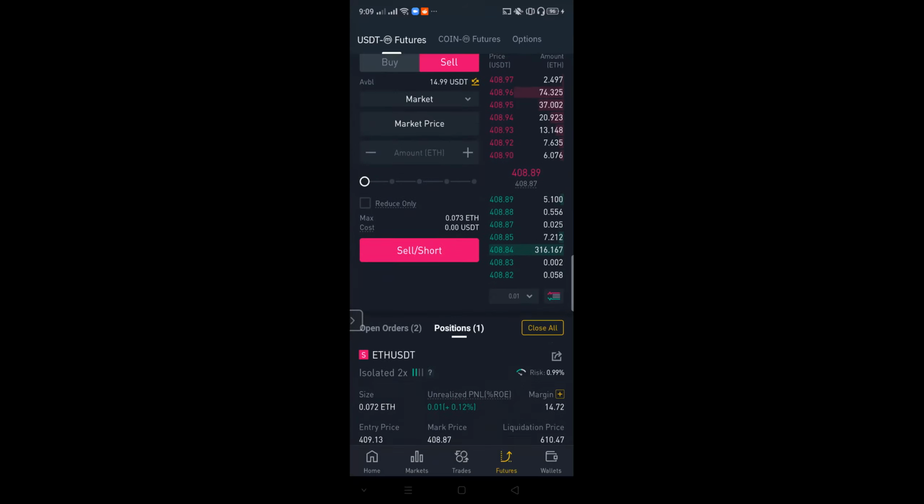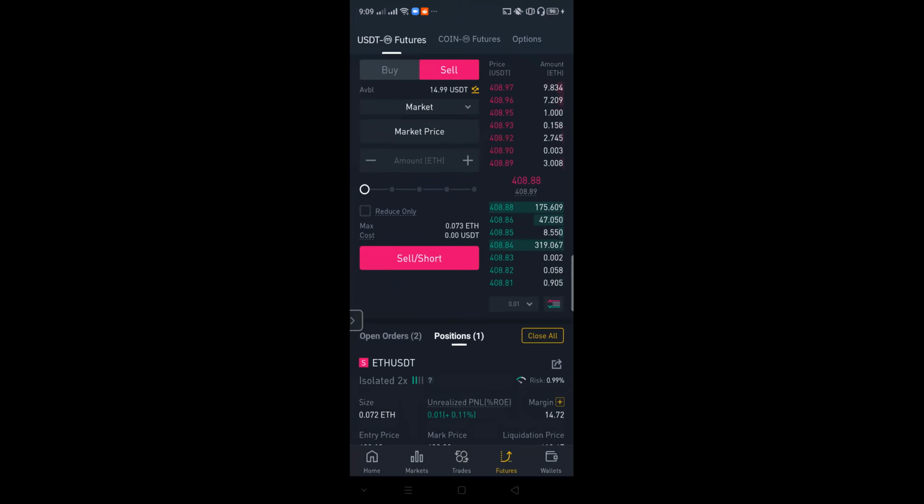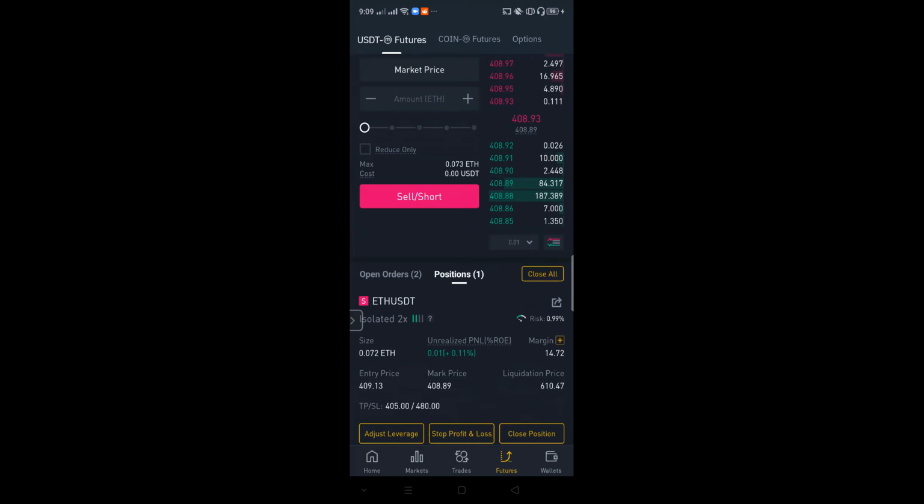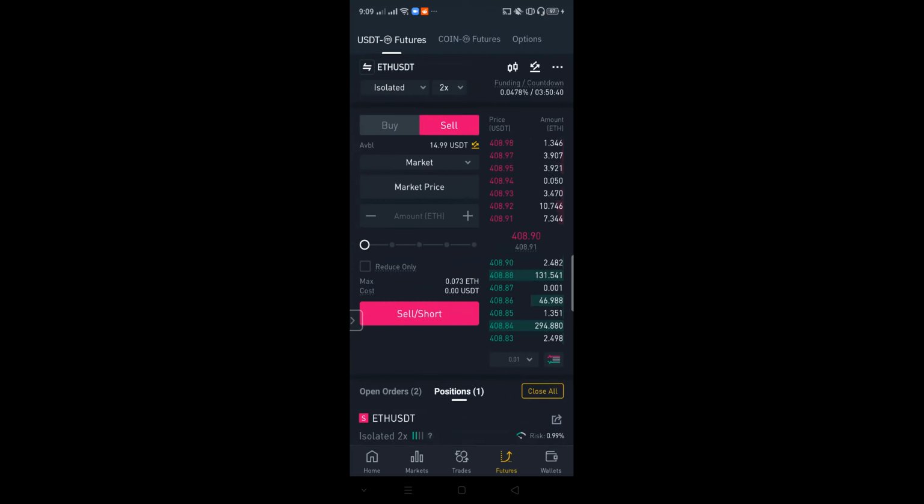So I want to close this before my profit, but I can actually leave it, because from the signal given to us, we are expecting it to go to 400 as take profit 1, 394 as take profit 2. That is basically how you long and how you short the market in futures.